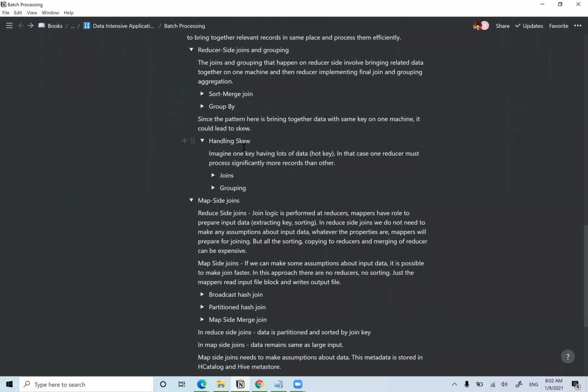Because you have to join that entire data set and do all these operations, it could be a bit expensive, right?